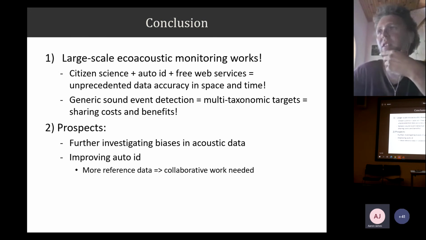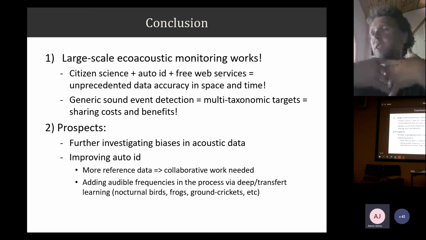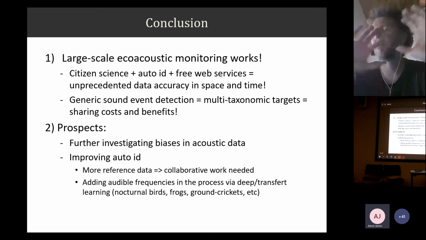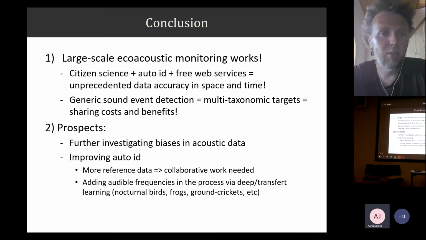Obviously, we still need more reference data, especially for everything other than bats and birds. We are currently, like many others, trying to add audible frequencies in the process, so that for the very same monitoring scheme, we can also compute trends for nocturnal birds, frogs, and ground crickets. So thank you for your attention.